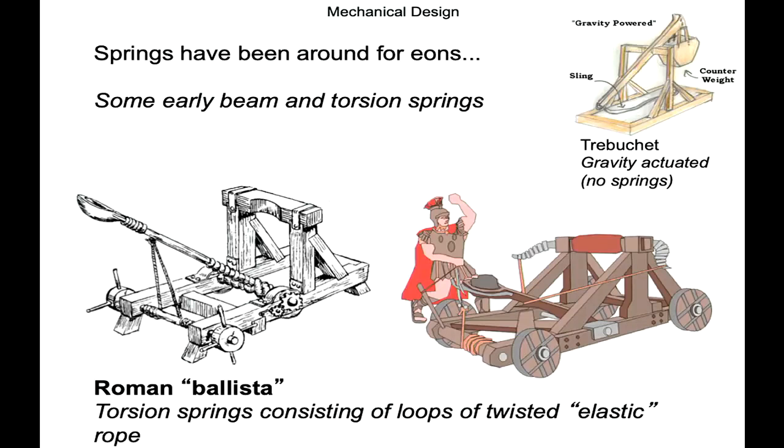And that's what the ancient Romans did with this device. They put some rocks or something nasty in the spoon bit, apply potential energy to that rope-based spring, twisted elastic rope, and then impulsively release it, and you'd get your object flying over the wall of your enemy, and hopefully you win the day.